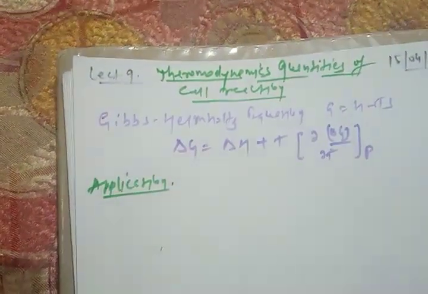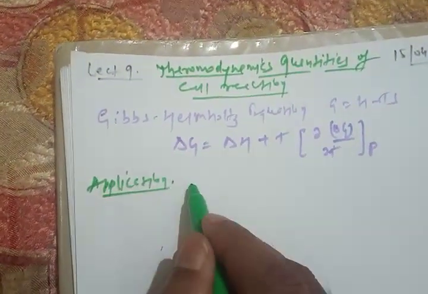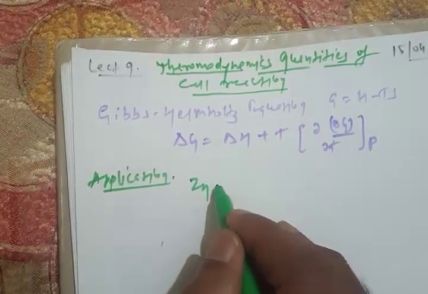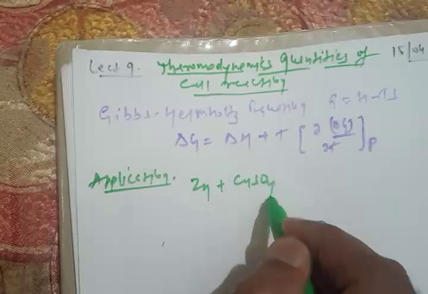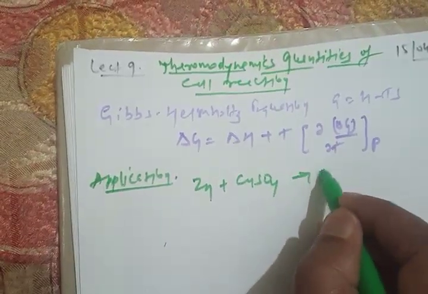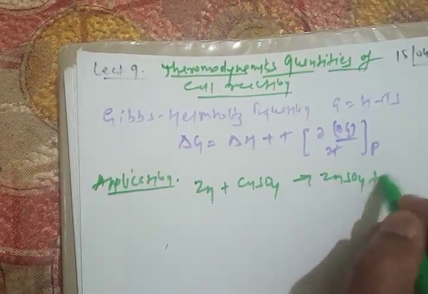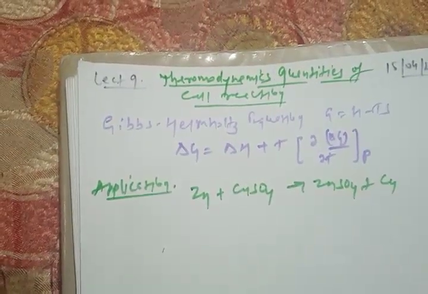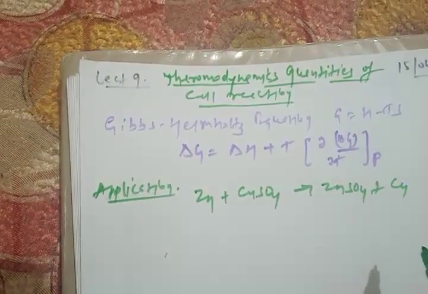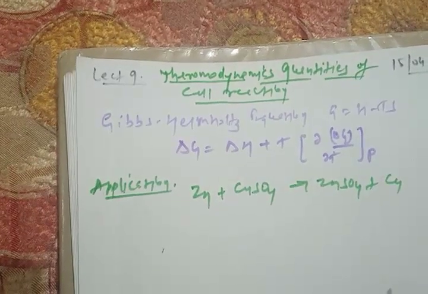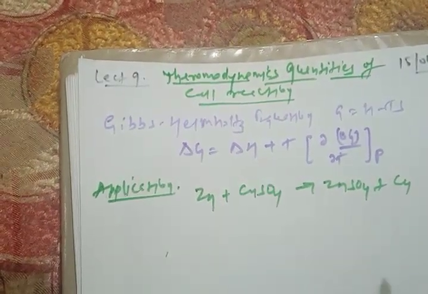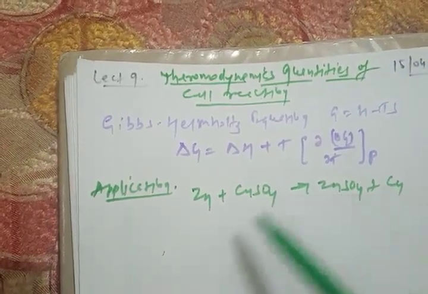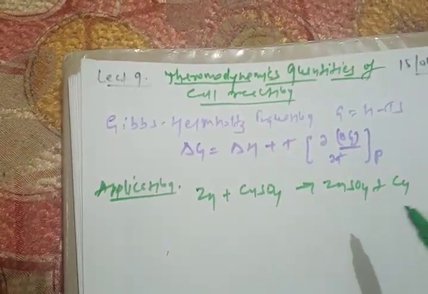If any redox reaction, like if we take zinc plus copper sulfate, this will give zinc sulfate and copper. Any redox reaction is allowed to take place in a beaker. So what will happen? Heat will evolve.